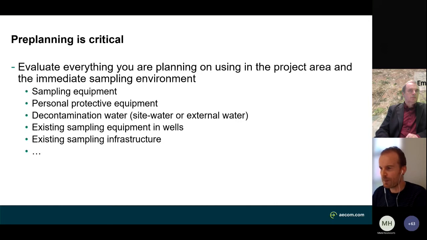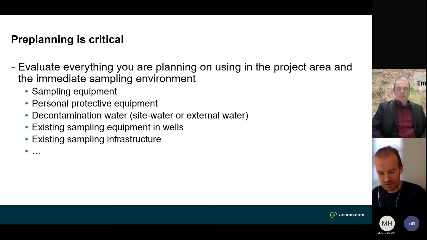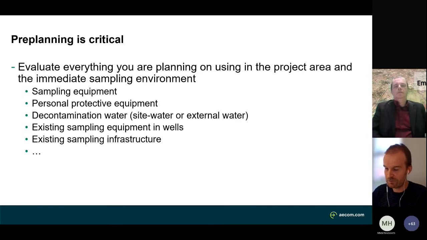sampling infrastructure. An example for the sampling infrastructure is a project that we had in Australia, where samples were taken from an existing valve from a remediation infrastructure, and we observed elevated PFAS concentrations quite unexpectedly.